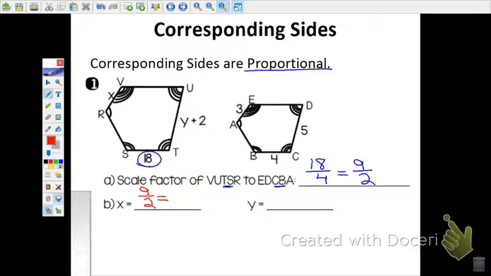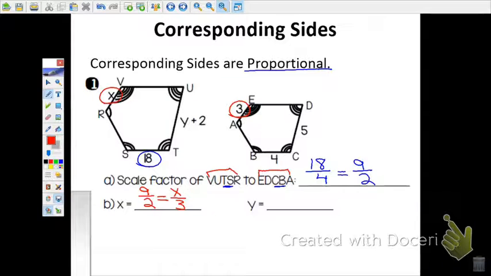So I'm looking for X. Okay. X is side RV, which is first and last. So that corresponds with AE, which is 3. Again, order matters. Okay? We do the one on the left first because that's the one that corresponds with that 9 from my scale factor. So I'm going to have X over 3.